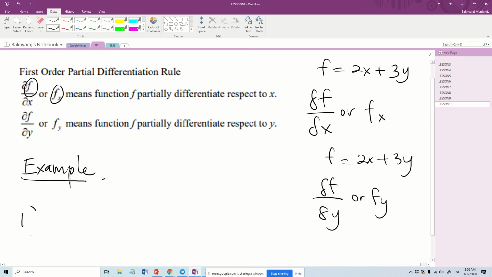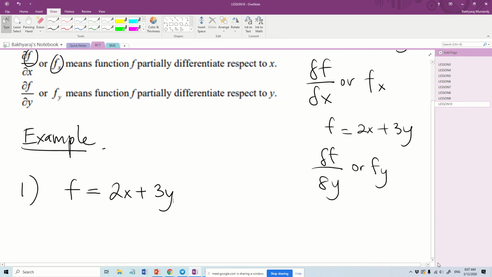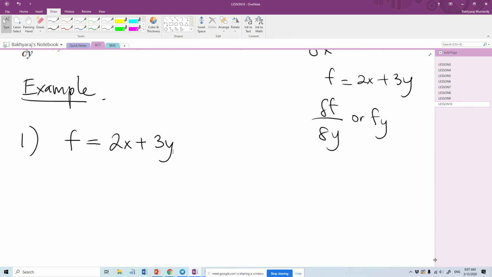Let's say I give you function f equal 2x plus 3y. I want to find delta f over delta x. This means I want to partially differentiate with respect to x. When I want to differentiate with respect to x, I have to look at which term has x.